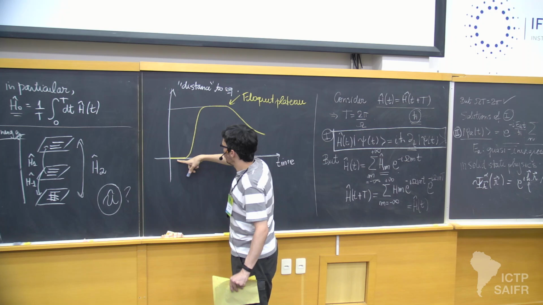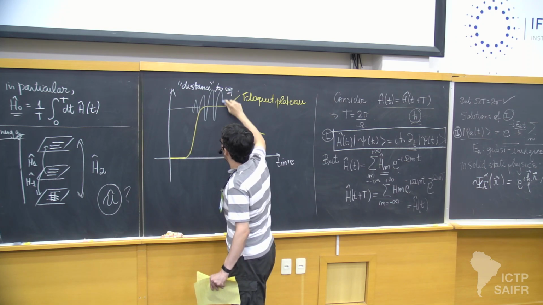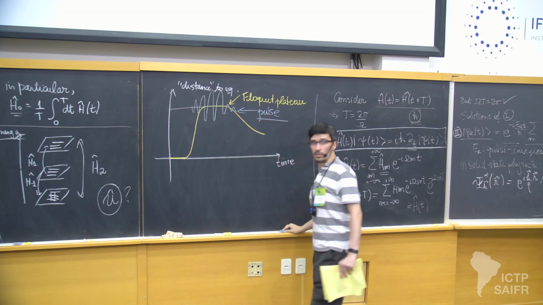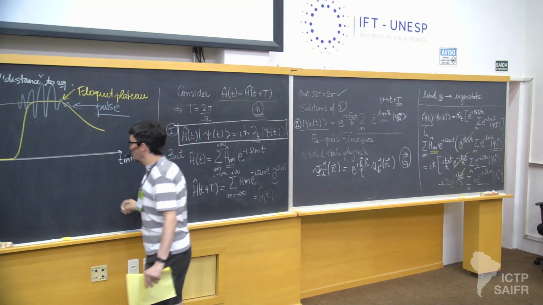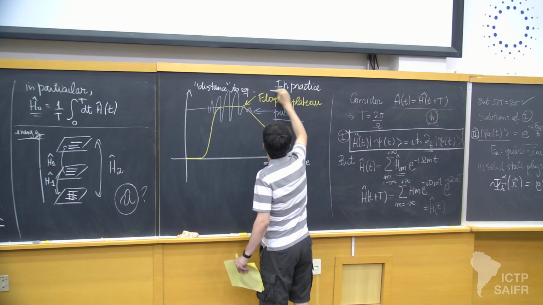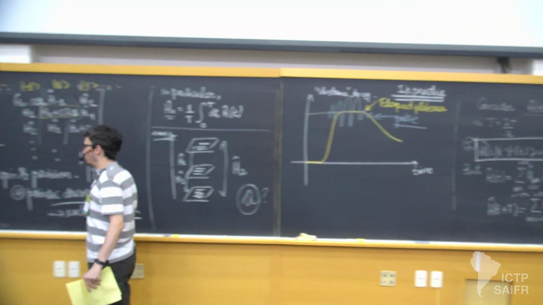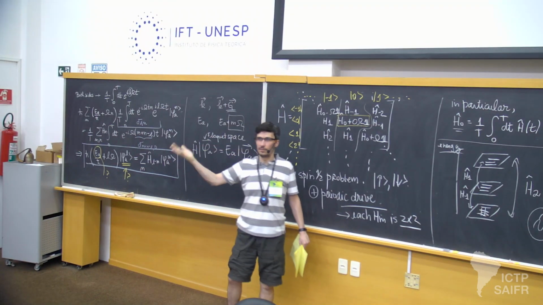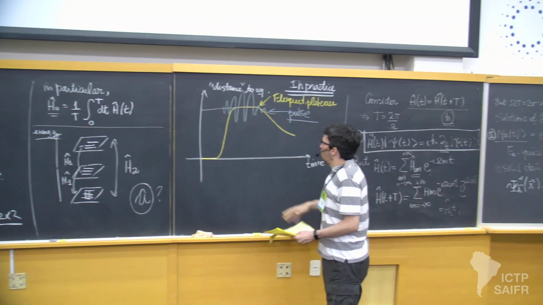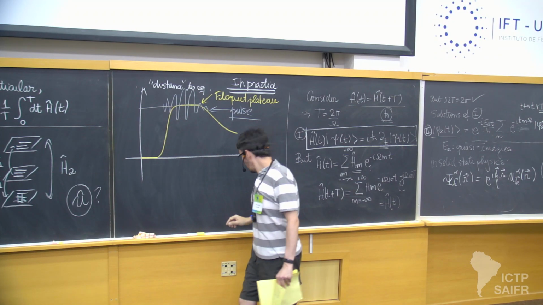Why would you have a plateau like this? Because here you don't have the periodic potential, and here, experimentally, you're going to have a pulse. This is what happens in practice. If you go to any lab, you don't have lasers running from minus infinity to plus infinity in time. What you have is a pulse. This pulse may look periodic for some time, though not completely periodic, of course.